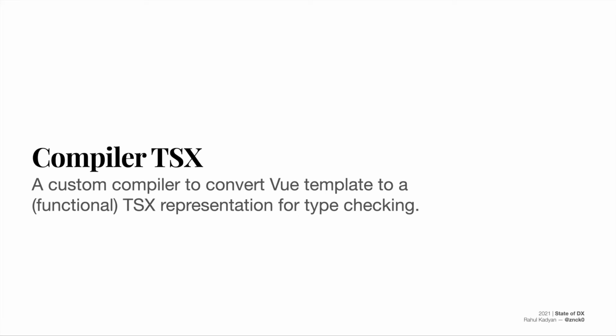Then there is a compiler, which is similar to the built-in compiler of Vue.js. It builds on the base compiler. Instead of compiling your template into a JavaScript render function, it compiles it to a TypeScript render function, basically a TSX render function, so that it can be used for type checking your template.